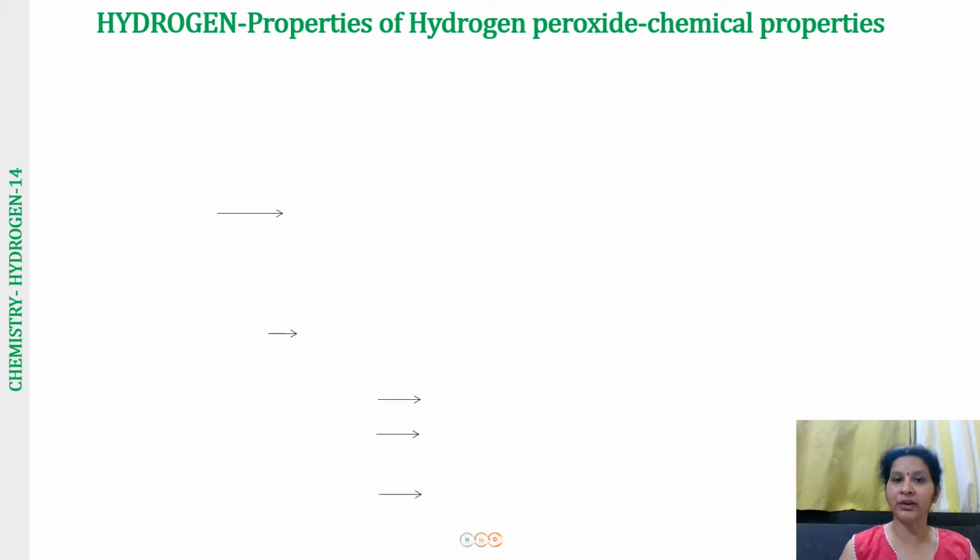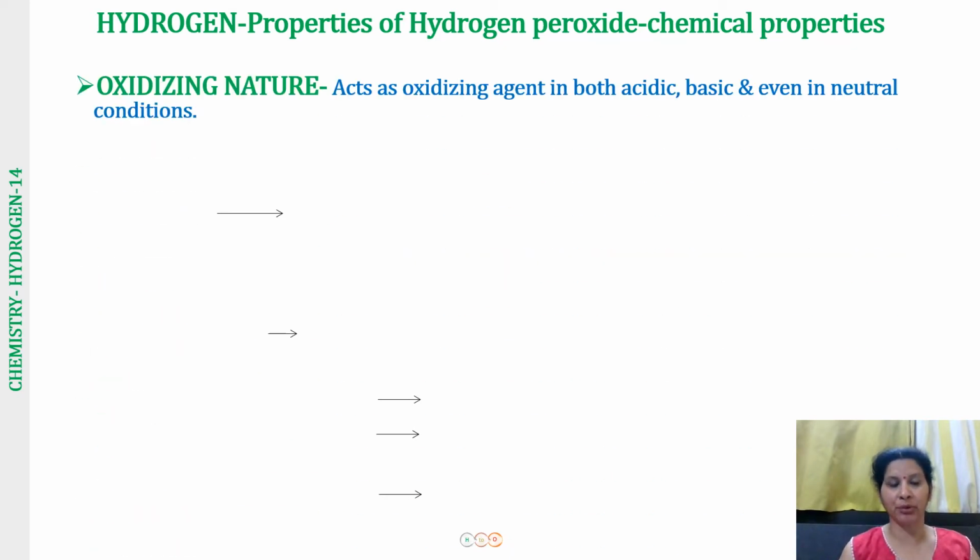So I will be giving you all the details related to that, but this is something that you have to remember. Fine. So first we will be discussing the oxidizing properties. Hydrogen peroxide acts as an oxidizing agent in both acidic as well as basic media and even in neutral media. Okay, so let us see all these reactions. First we will see the reactions in neutral medium.